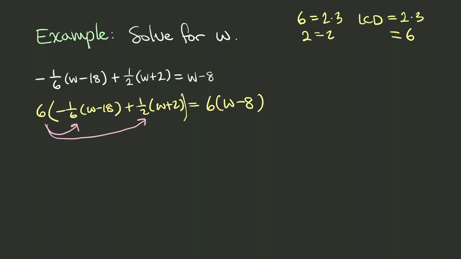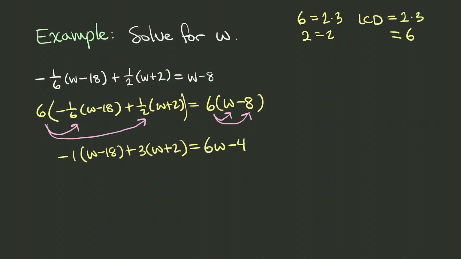It'll multiply by each of the coefficients. That's going to give me 6 times -1/6 is going to be -1 times (w minus 18), plus 6 times 1/2 is 3 times (w plus 2) equals, and now I'll distribute on the right-hand side, so that'll give me 6w minus 48.